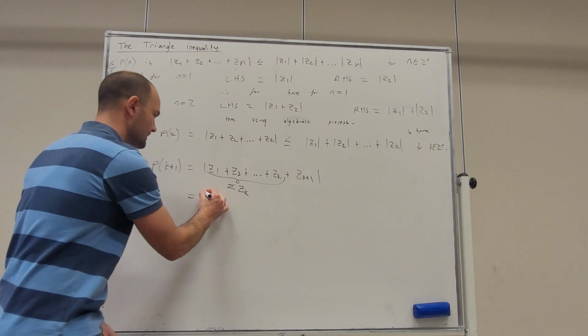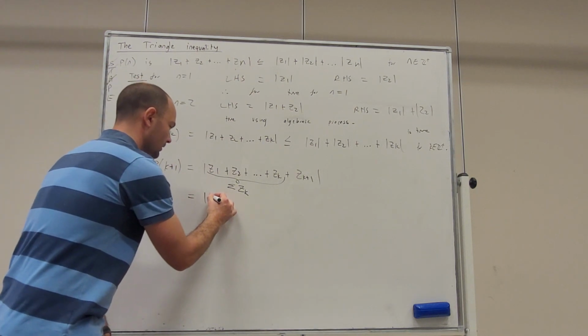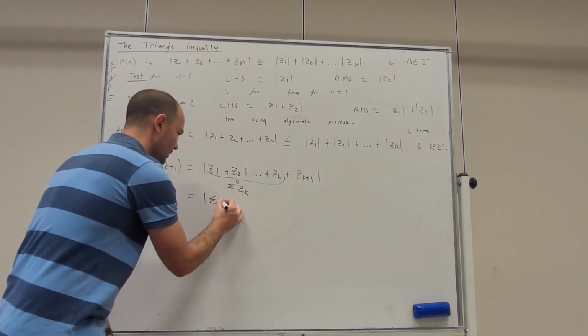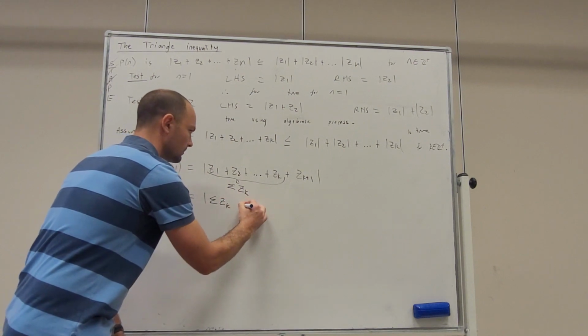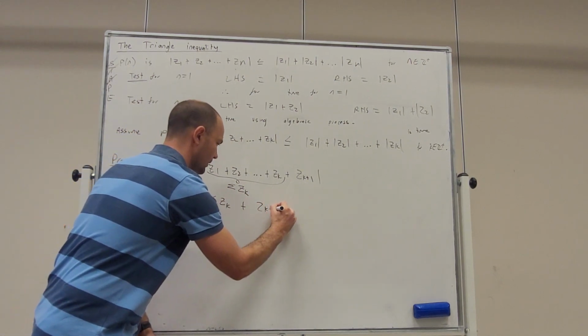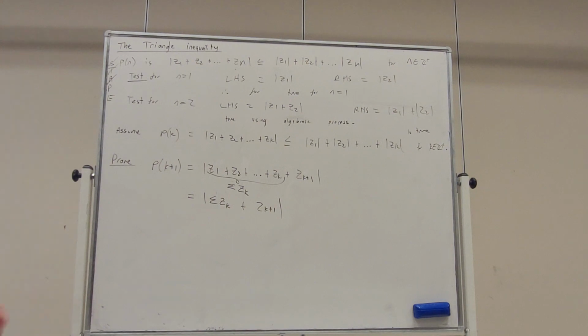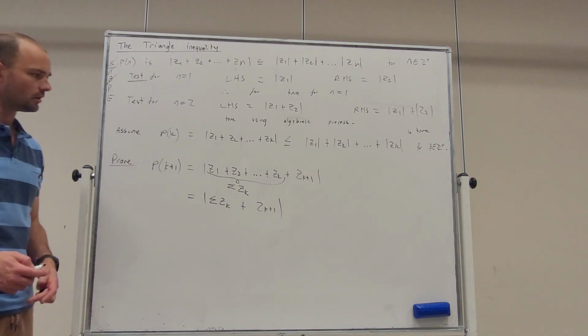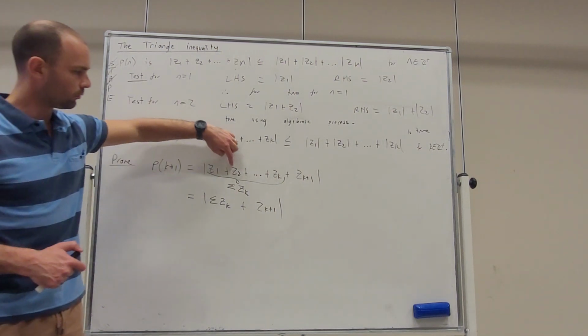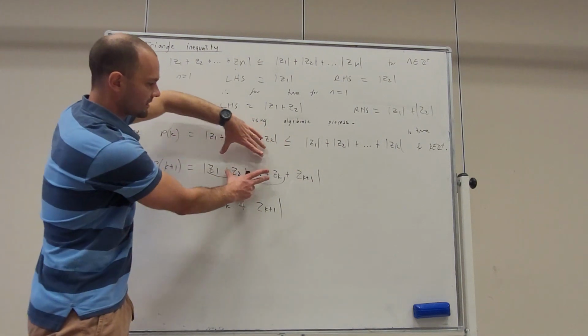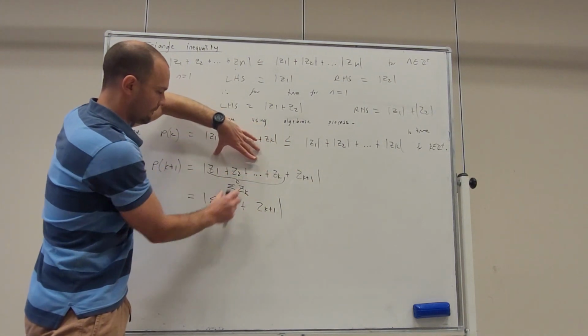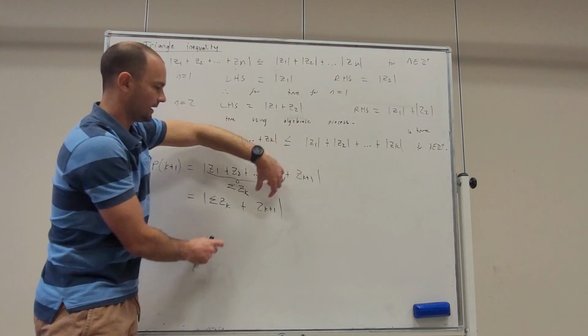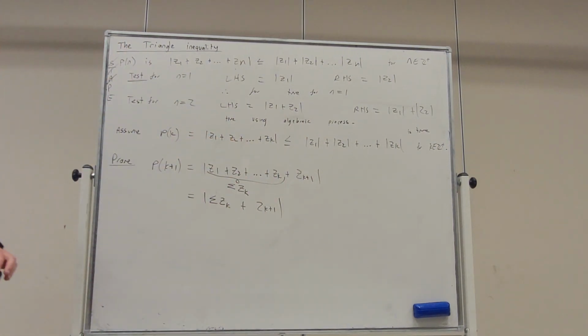So what that gives us then is the modulus of the sum of Z K terms plus the Z K plus 1th term. If I add up all of these numbers together, that's going to give me one number, so I have one number plus whatever the Z K plus 1 term is.